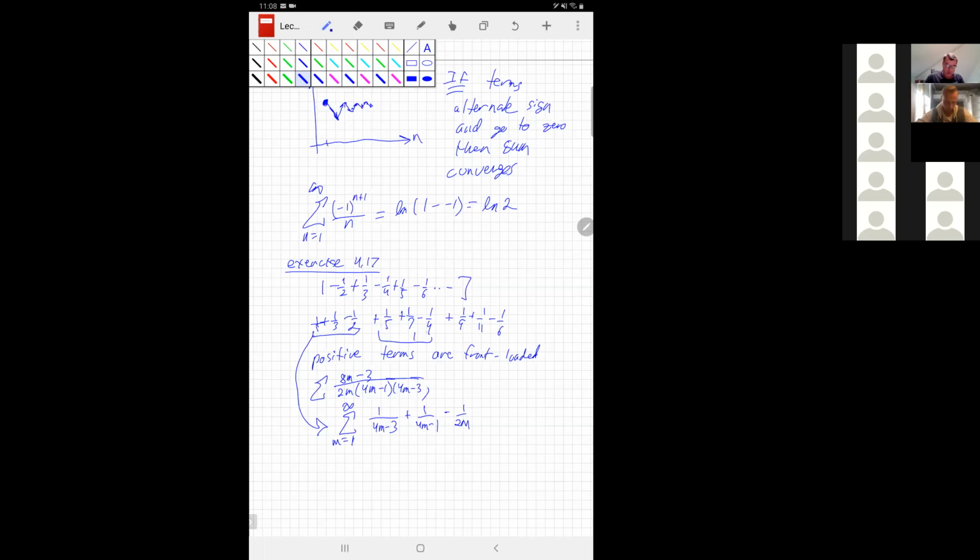And that 2m will give you the 2, 4, 6, and so forth. And the 4m minus 1 and 4m minus 3 will give you the 1 over 1, 1 over 3, 1 over 5, 1 over 7, 1 over 9, and 1 over 11. This part is apparent just from that. This part is not obvious, but you can work it out. You can show the equivalence of these via partial fractions.